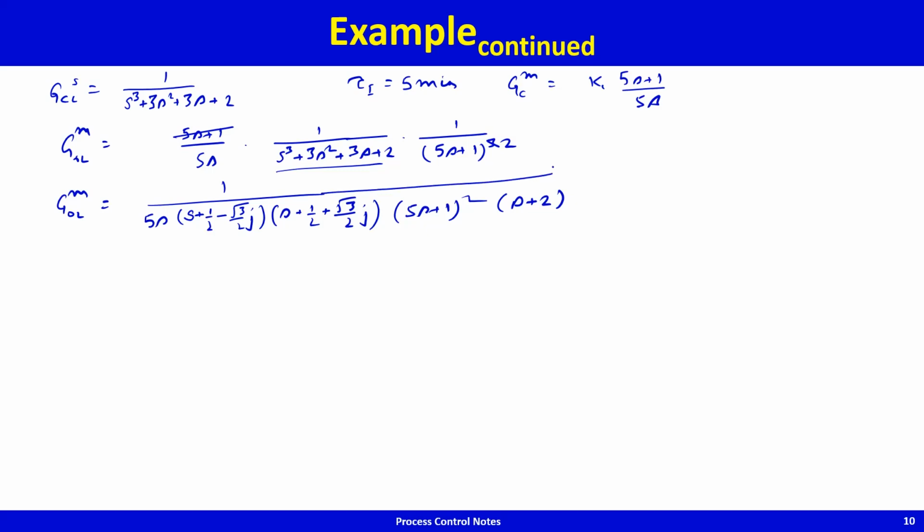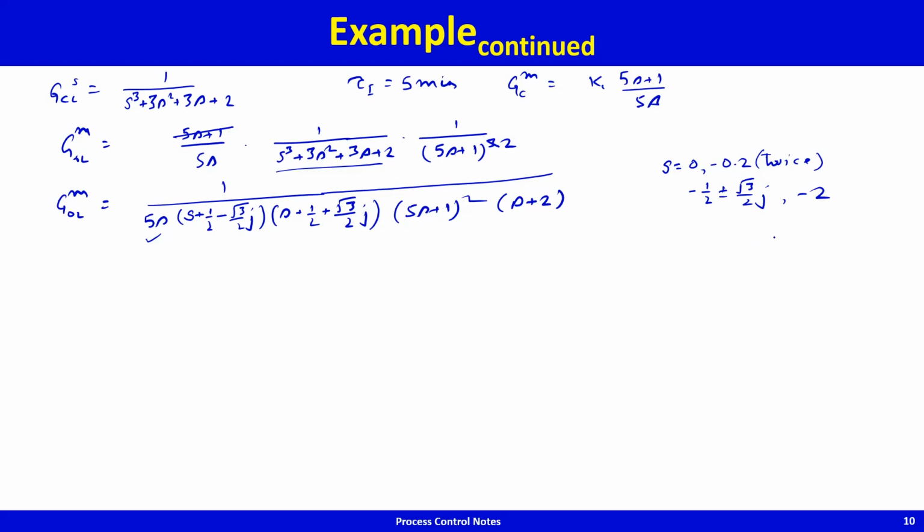So this is a sixth order system, and it's got roots at s equal to 0. That's this one. Then s equal to minus 0.2 repeated twice. Then s equal to minus half plus minus square root 3 by 2j, and then s equal to minus 2. So 1 2 3 4 5 6, 6 roots.